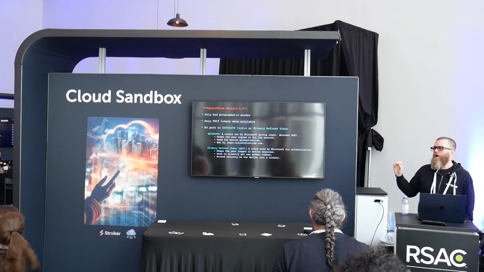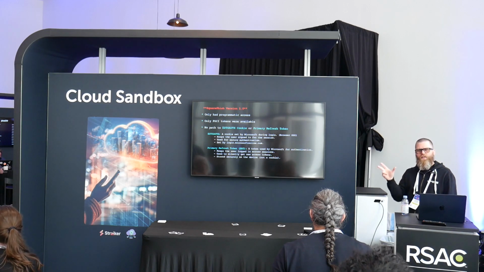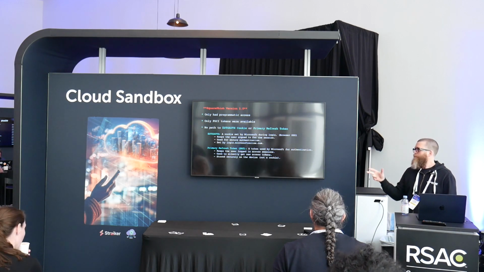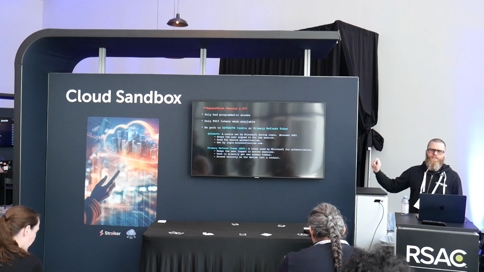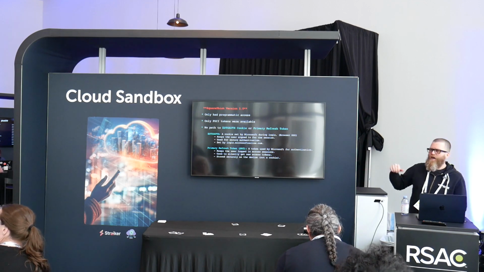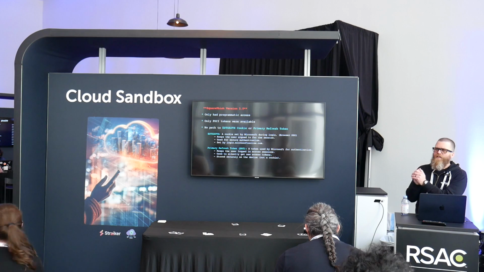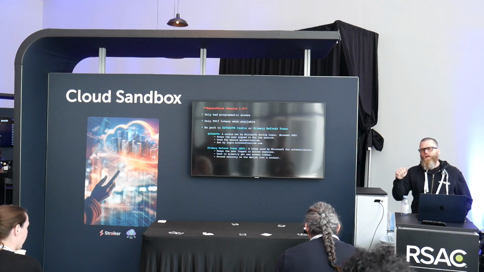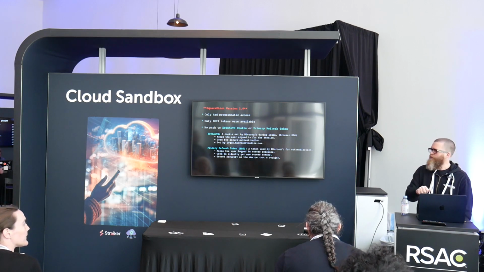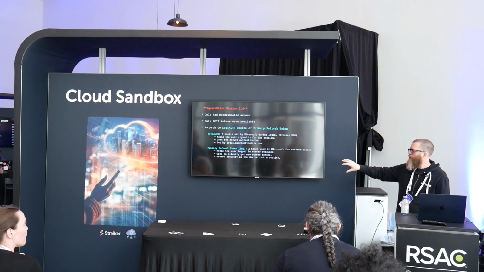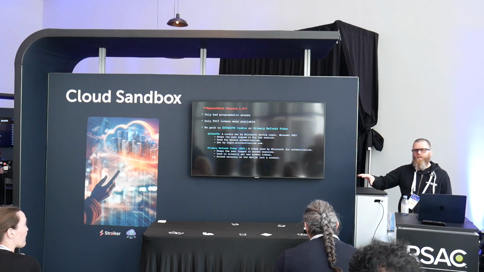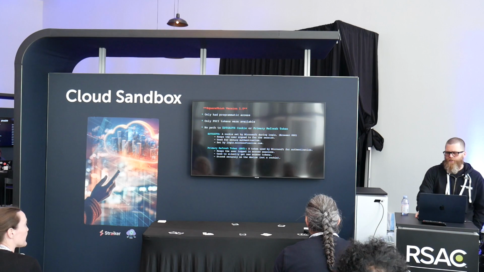The ESTS auth cookie is what Microsoft uses to authenticate in the browser. The primary refresh token is special. It's on top of the other tokens, like a single sign-on token that lives on the computer of the user. That primary refresh token gets you access to everything that user has in Microsoft Office 365.